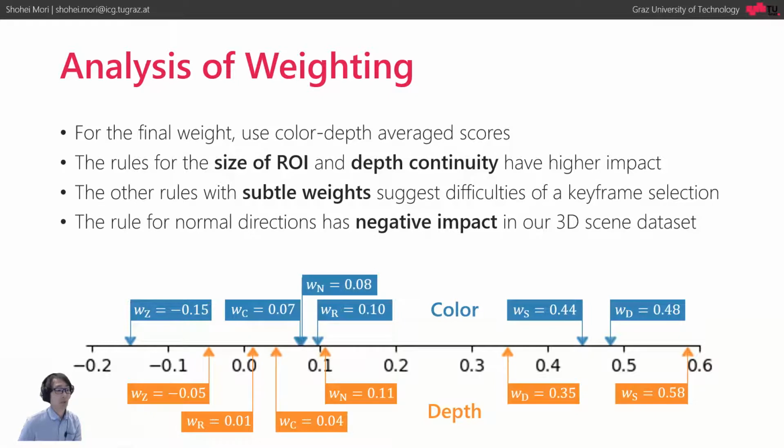For example, when the user keeps distance from the target object and the background depth is smooth enough. As I quickly explained before, the rule for normal directions has a negative impact in our 3D scene dataset.